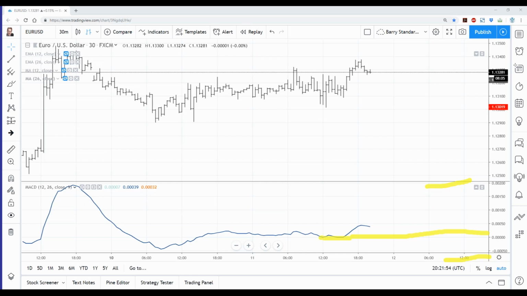But this is just the first step in MACD, because MACD is a derivative of a derivative of a derivative of a derivative. So what Gerald Appel did is he took the moving average crossover strategy and formed what's called the MACD line. So this single line down below is called the MACD, and that's all it's referred to as, the MACD line.